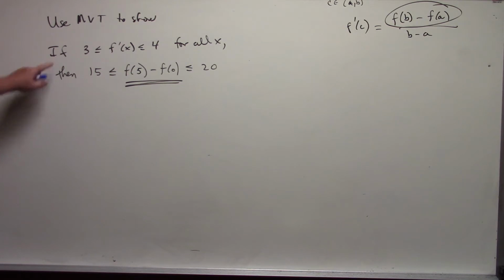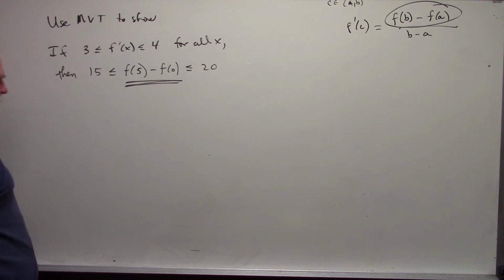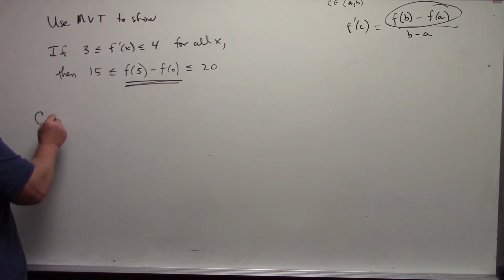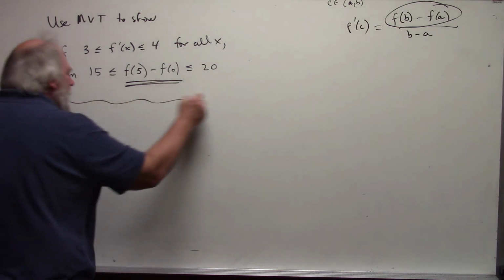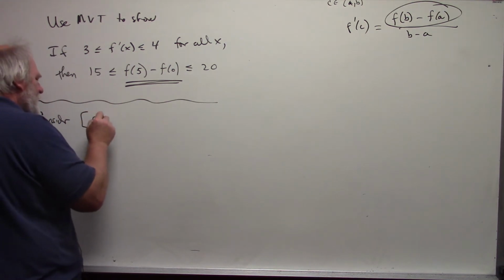Since the function is differentiable, it always has a derivative between 3 and 4 for all x. MVT applies, so we're okay. We'll consider the interval from 0 to 5.